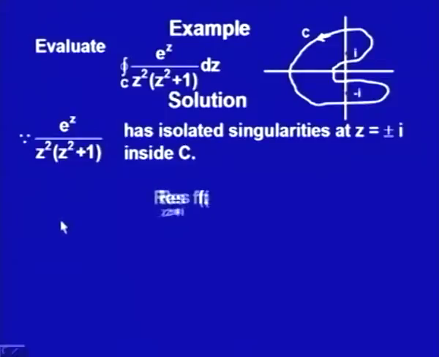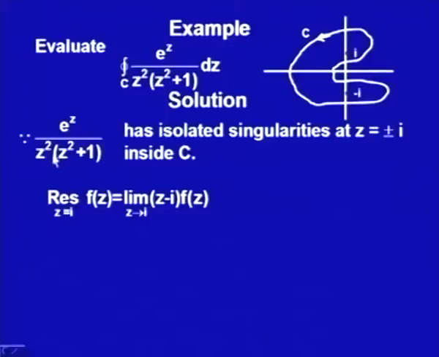First find the residue at z is equal to I. Again we are going to use the first method, that is residue at any point z naught of f z is limit as z approaches z naught, z minus z naught into f z. Here z naught is I. So, this would be limit as z approaches I, z minus I into f z.